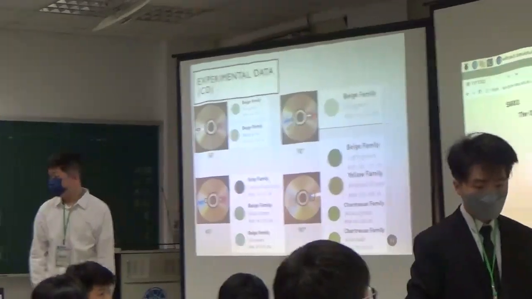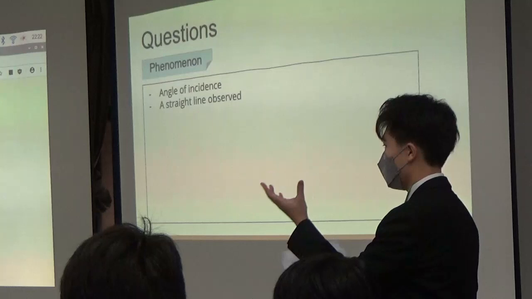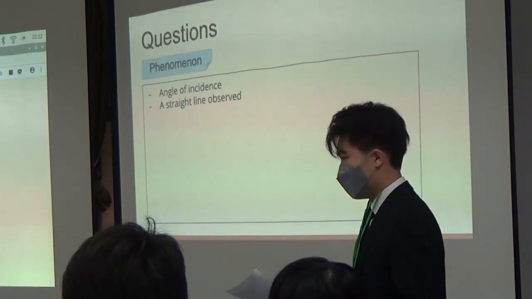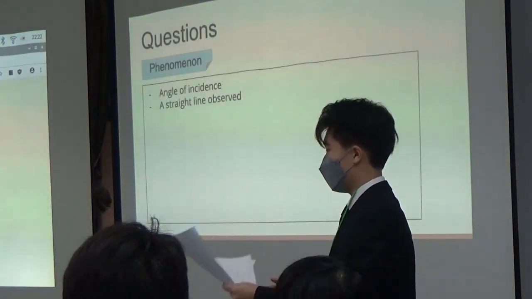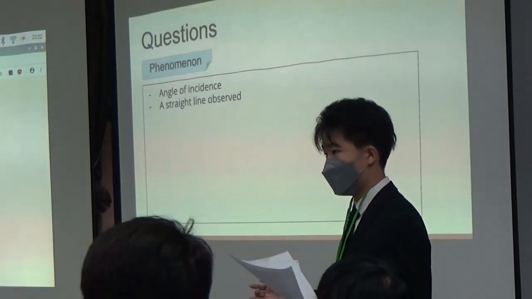During this discussion, we discussed the theory, and we also moved on to the discussion of the diffraction grating, and we came up with an explanation of why only a green line can be observed.